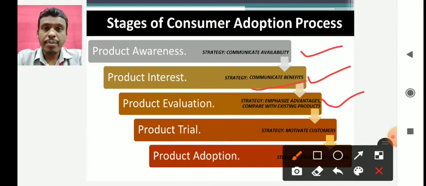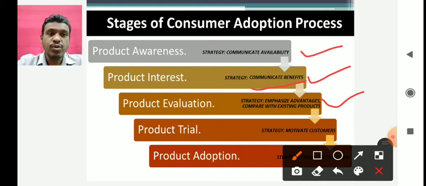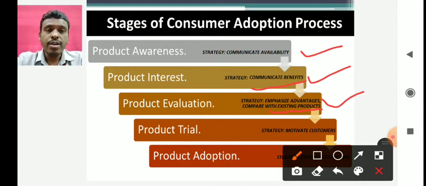How is our product better than the existing products, or how is our product going to give higher value to the consumers with respect to the current products? That is what the consumers will try to see, especially with respect to the 4 P's, that is product, price, place and promotion. The strategy the company usually follows is to emphasize the advantages. What are the advantages that our product is going to give to the consumers?